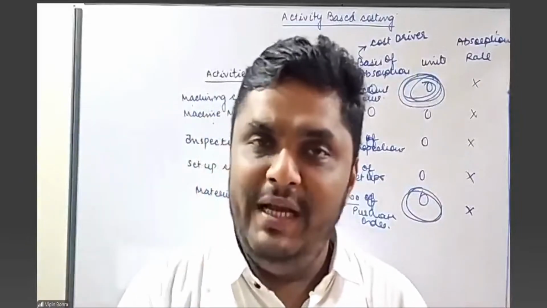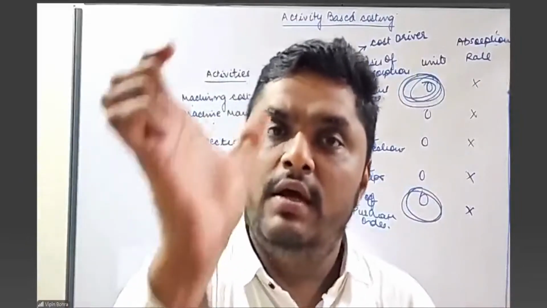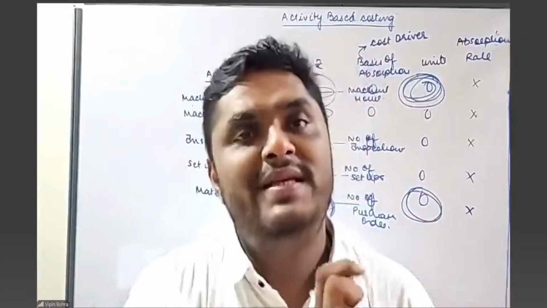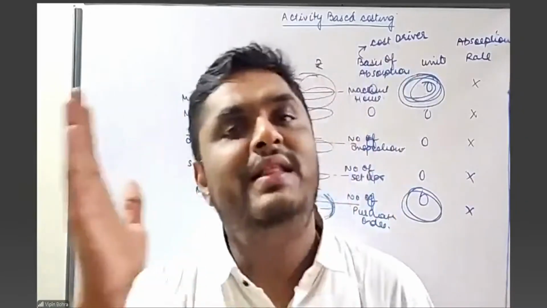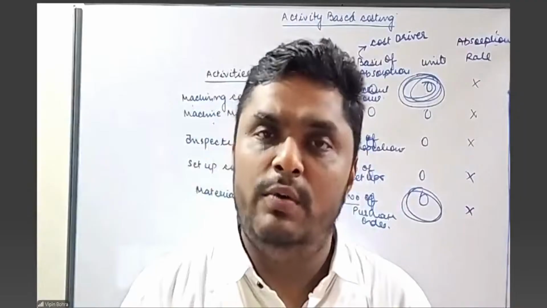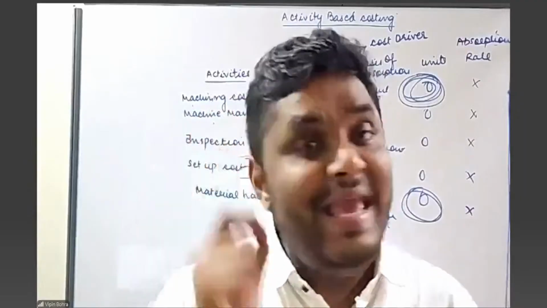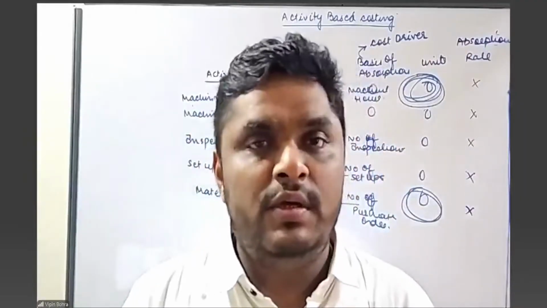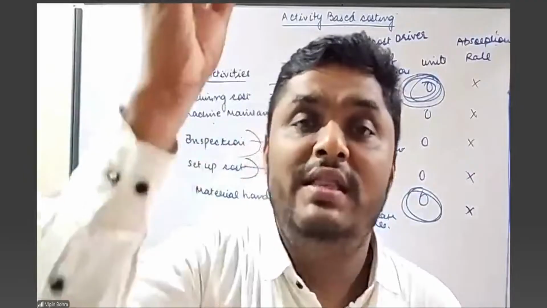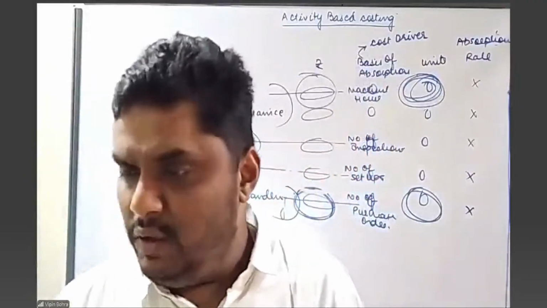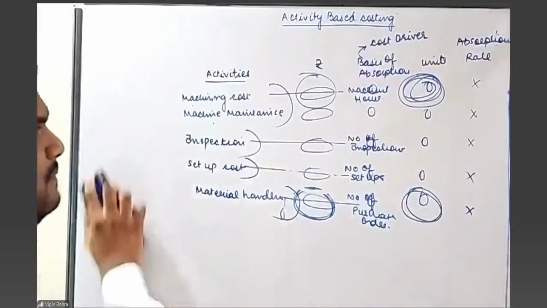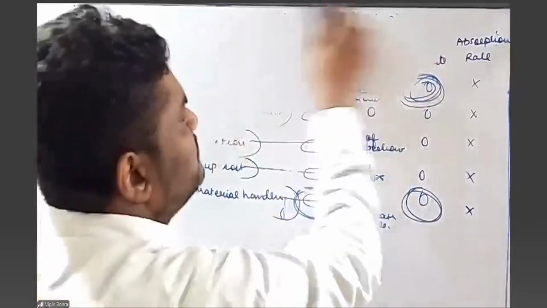So I repeat again, when talking about overheads, total overheads divided by one basis of absorption. But in activity-based costing, for every activity, there will be a separate basis of absorption. Overheads में सिर्फ एक ही rate calculate करते थे absorption का. In activity-based costing, there will be different rates for every activity. I'll write it also, the concept in detail.